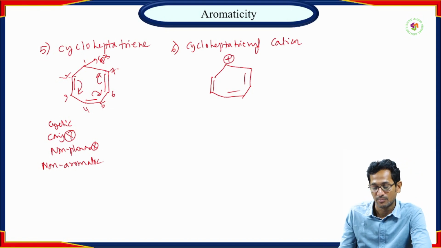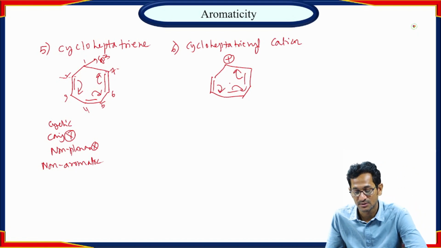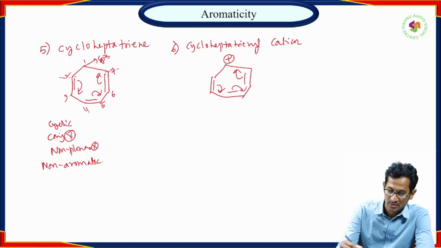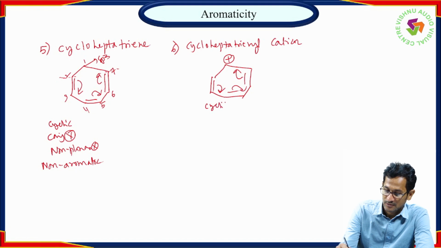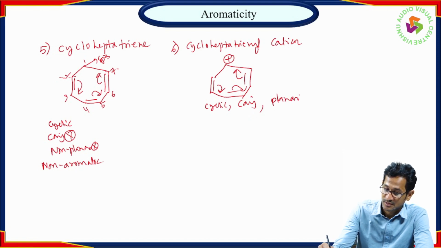Same structure with a positive charge. Right? So now the delocalization will be possible. Right? So therefore, cyclic, conjugated, planar.